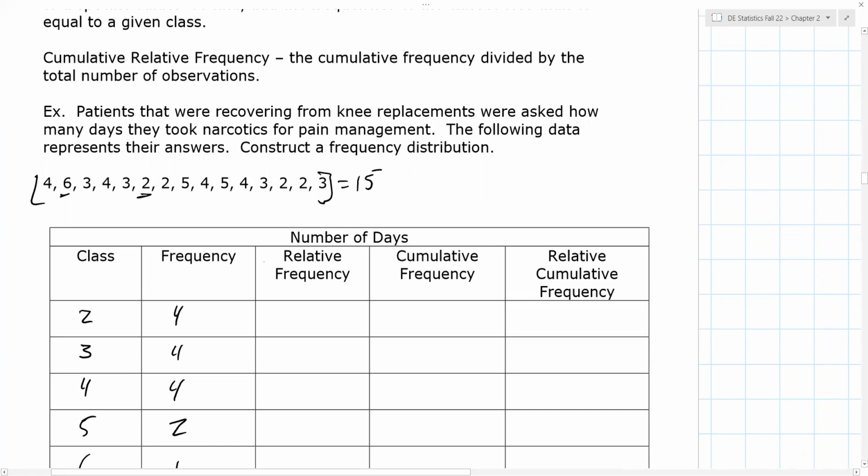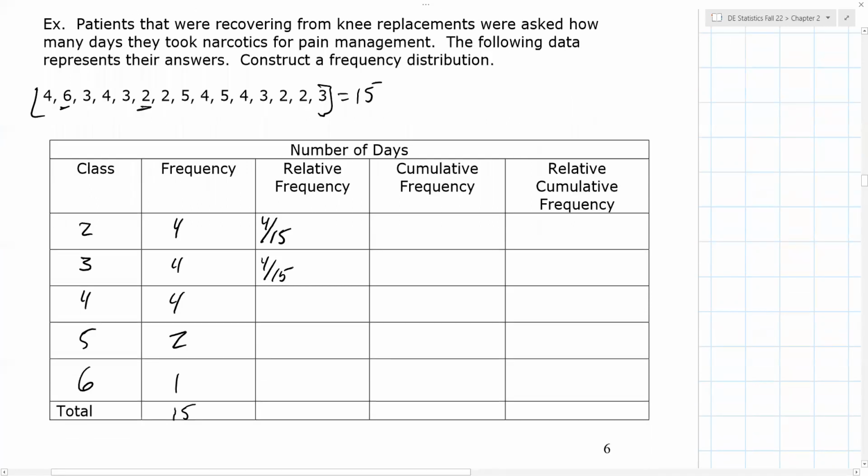Then we do our relative frequencies by dividing our frequency by the total. And we get 0.267 for the first 3, 0.133, and then 0.067. So that's our relative frequency.